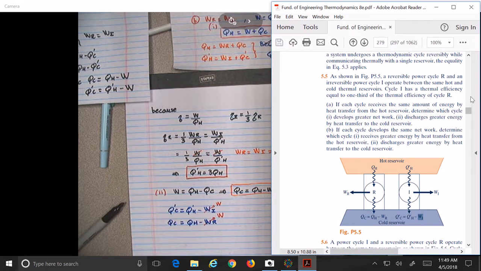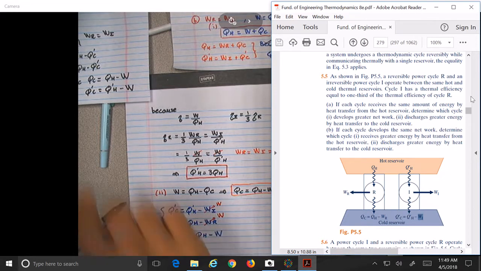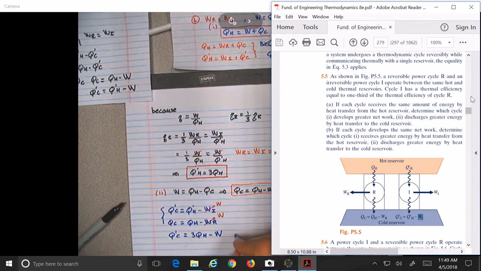Yep. Now, what did we just prove? That Q prime H is equal to what? 3QH. I'm going to put it over here because Q prime H equals 3QH.